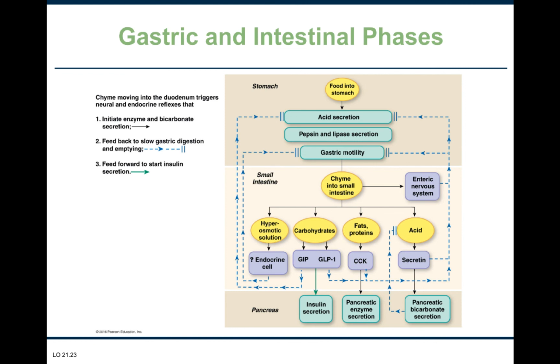I'm not going to go through the details of this slide right now for the sake of time, but I do want you to pay attention to the diagram up here, start at the top and work your way through, and look at how the feedback occurs, the negative feedback for the most part, and what the presence of these nutrients and solutions in the small intestine means and the results that happen, okay? And we can go over that when we come back in class.